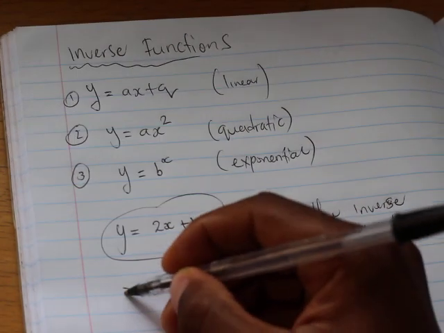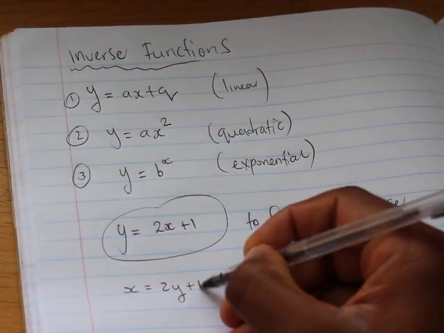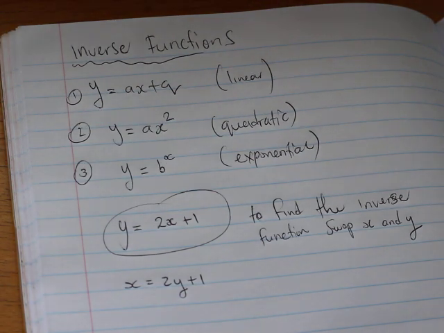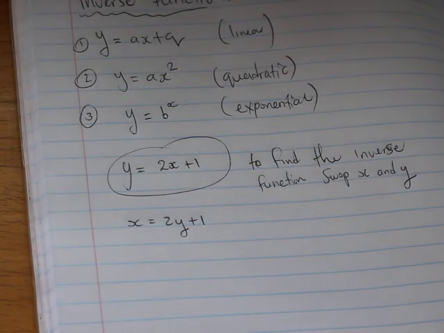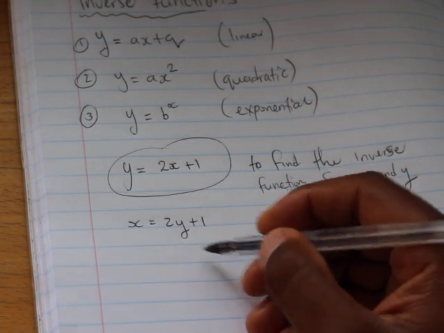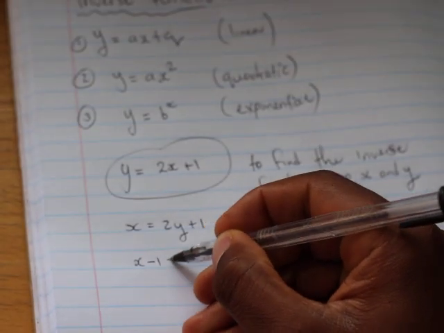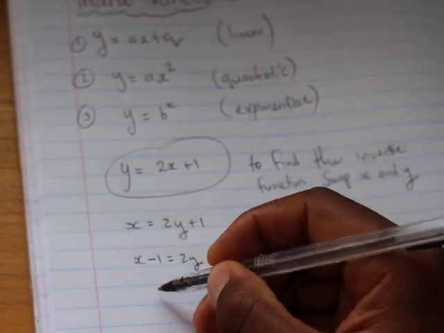Let's do that. So x is equal to 2y plus 1. Then we make y the subject of the formula. So 1 goes that side, so x minus 1 is equal to 2y.